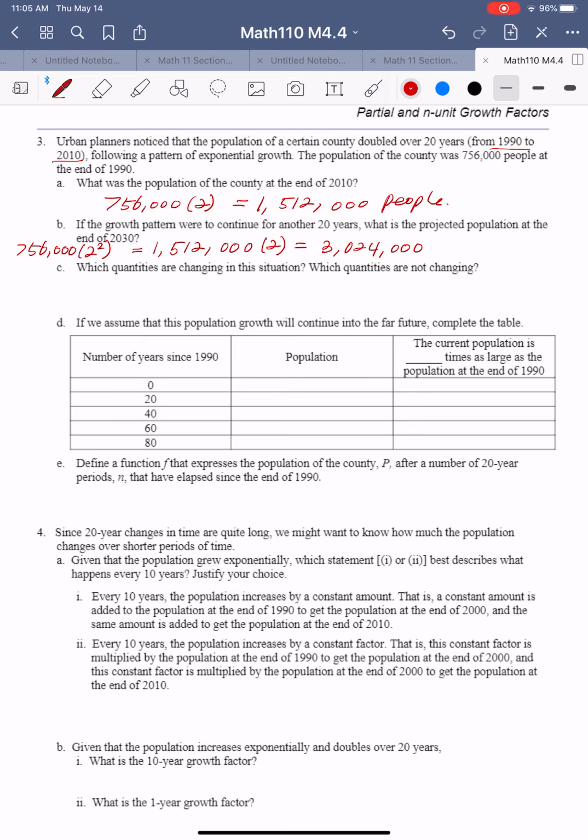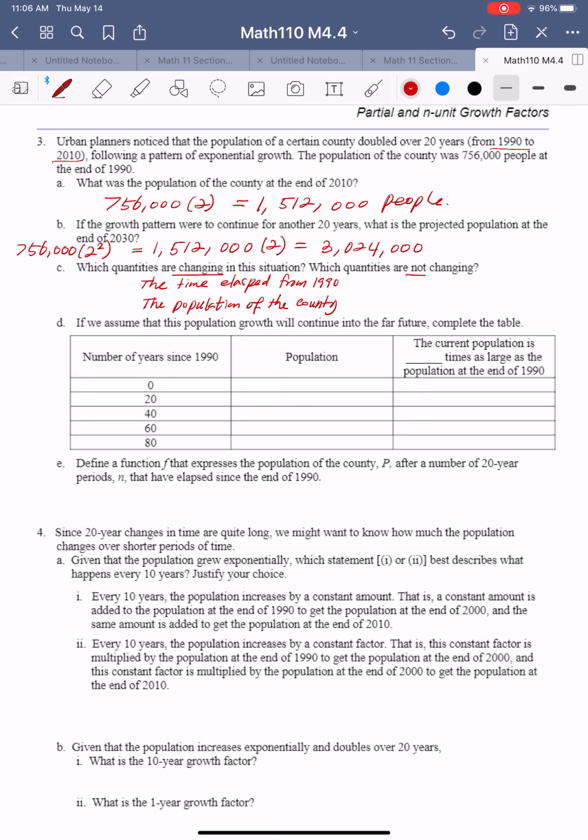So which quantities are changing in this situation? The changing quantity is the time elapsed from 1990, and also the population of the county is changing, right?